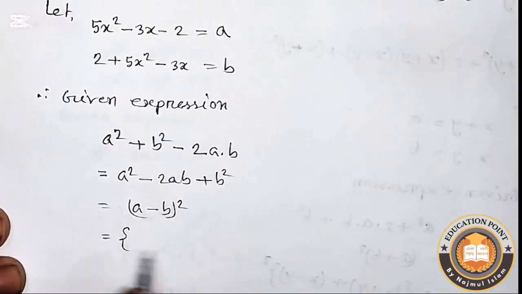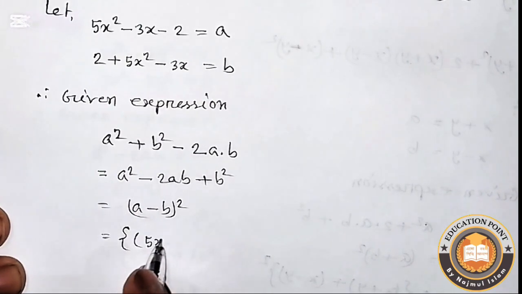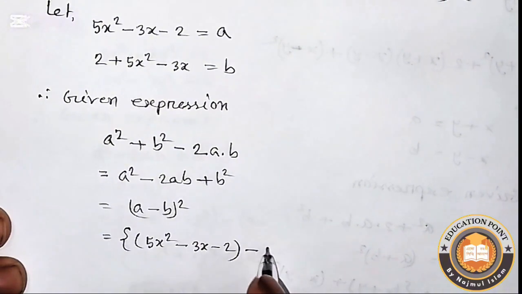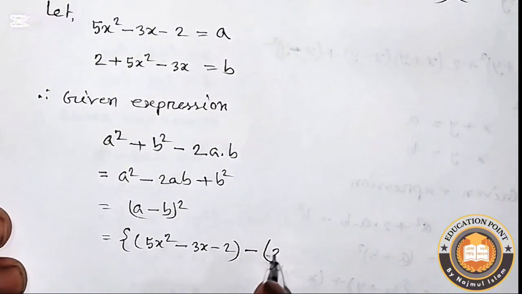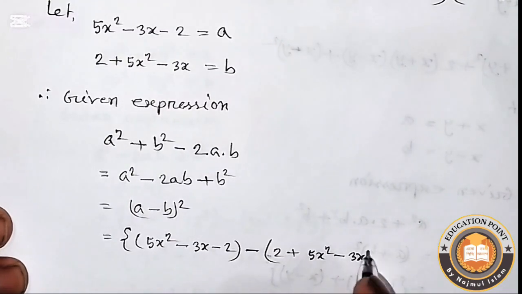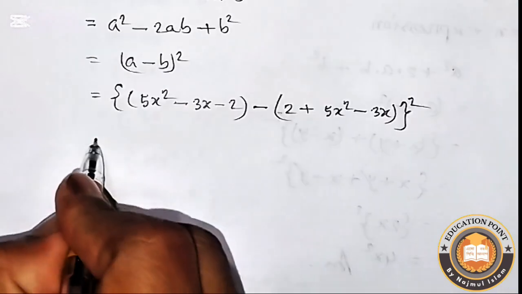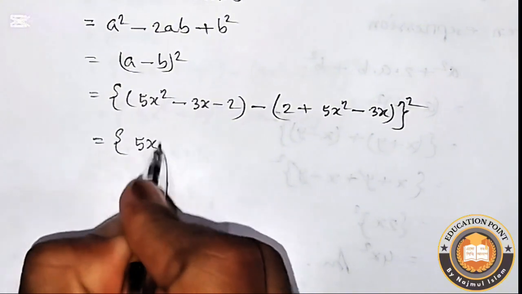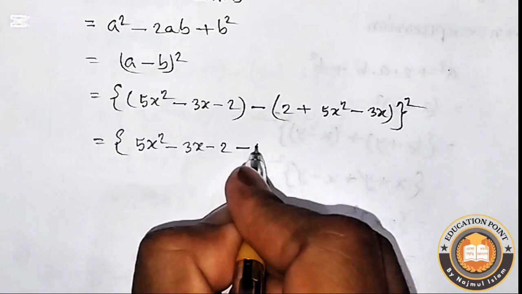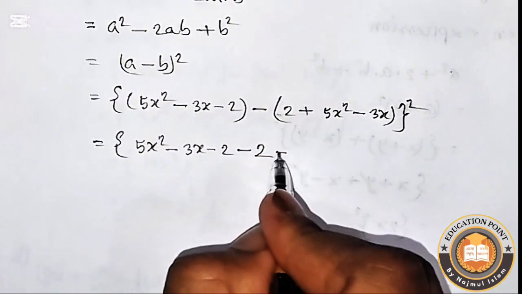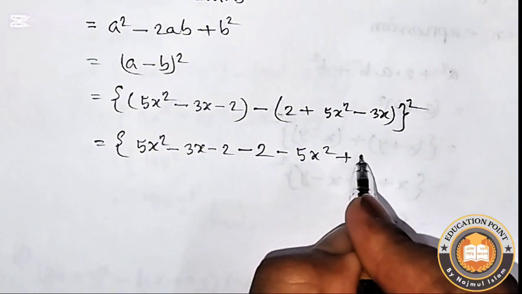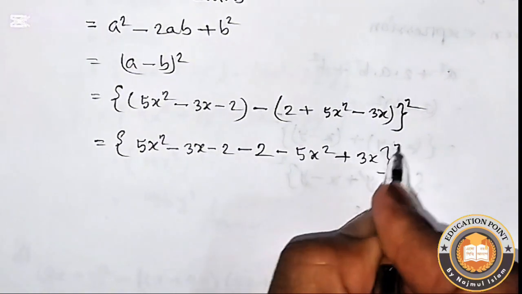Value of A is 5x square minus 3x minus 2 minus value of B is 2 plus 5x square minus 3x, then whole square. 5x square minus 3x minus 2, and minus 2 minus plus minus 5x square, minus minus plus 3x, then whole square.